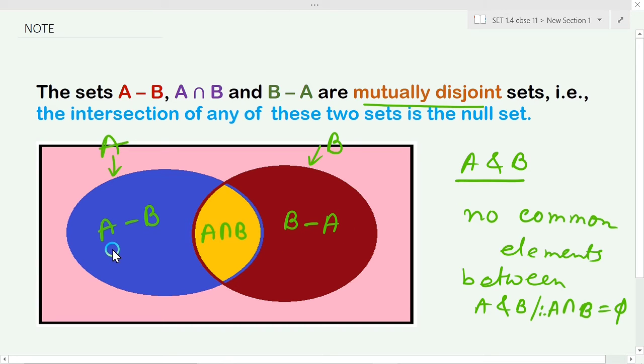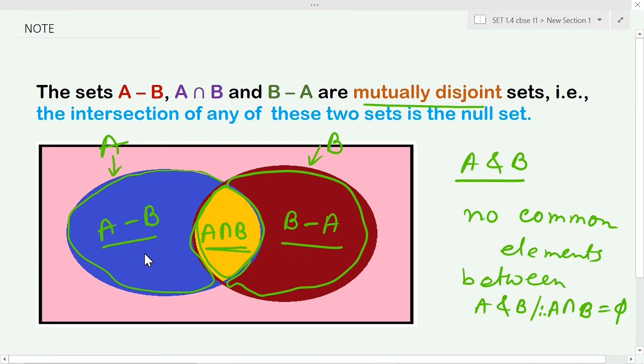As you notice, this is the region of A minus B. This is the region of A intersection B, and this is the region of B minus A. Okay, so there is no common element between A minus B and A intersection B. Also, there is no common element between A intersection B and B minus A. And again, there is no common element between A minus B and B minus A. So we can say that A minus B, A intersection B and B minus A are mutually disjoint because there is no common element between these three sets.